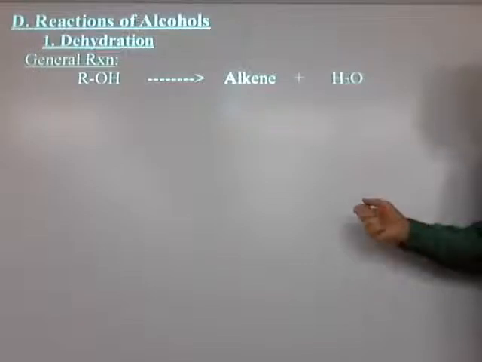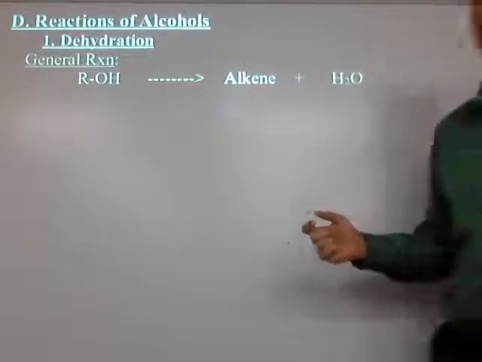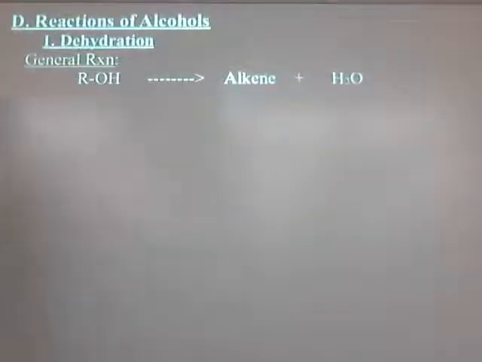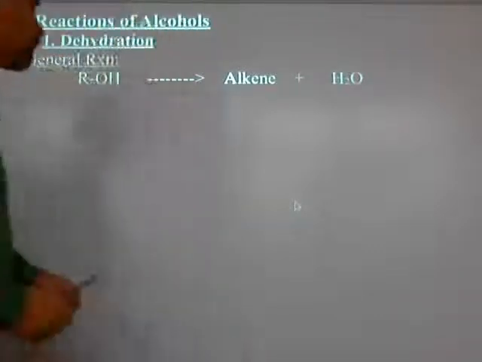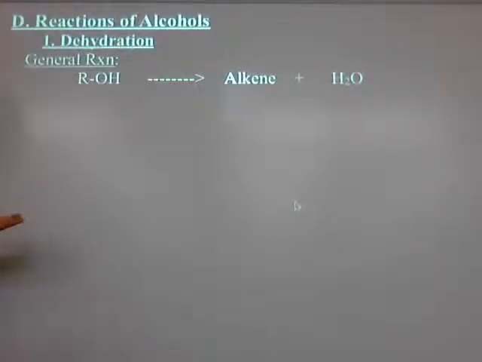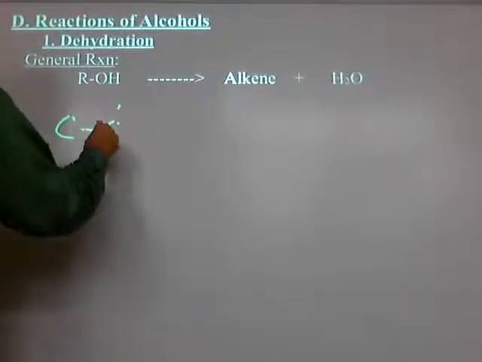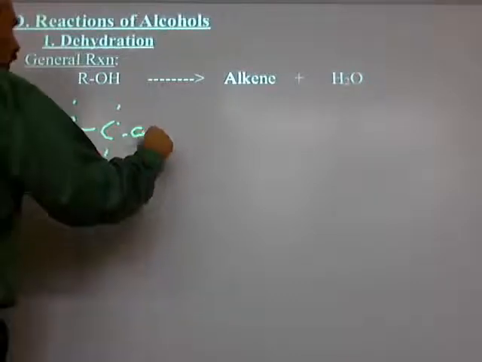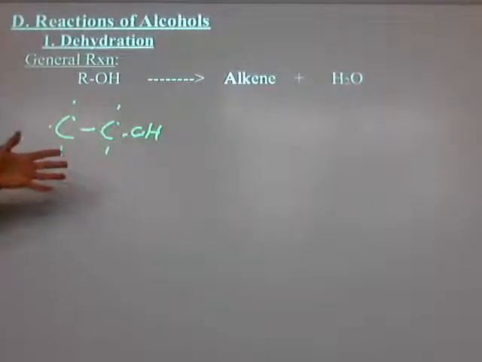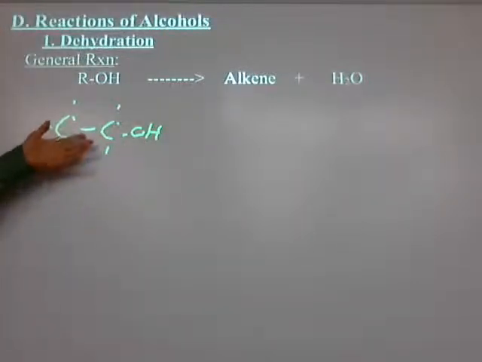Now, there are rules about where these things go. Given a choice, I hope I've made this clear already, things tend to go more towards the center of the chain. So, for example, sometimes there is no choice. If I had one that was just like this, and I remove the OH, the double bond has to go there.